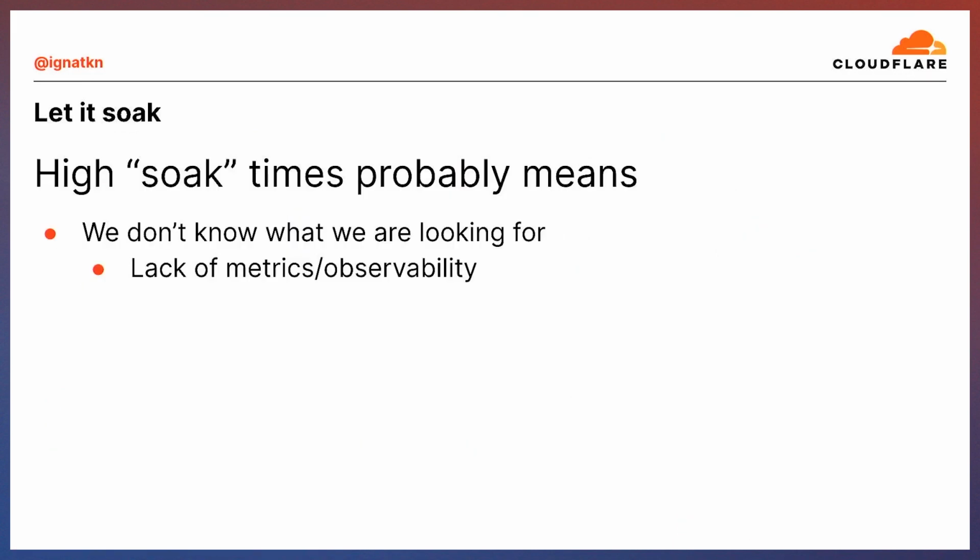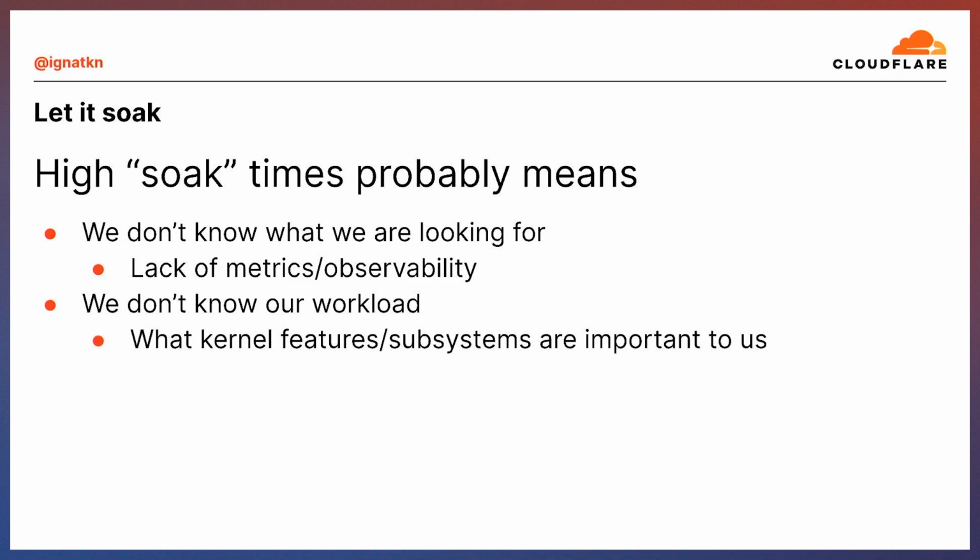And also, if you think about why people ask for soak time, people ask because they don't know what they're looking for, right? If you have proper test coverage and monitoring metrics, you deploy it and you see it within minutes or hours or the next load cycle. So it's most likely a lack of metrics and observability. It may also mean we don't know our workload.